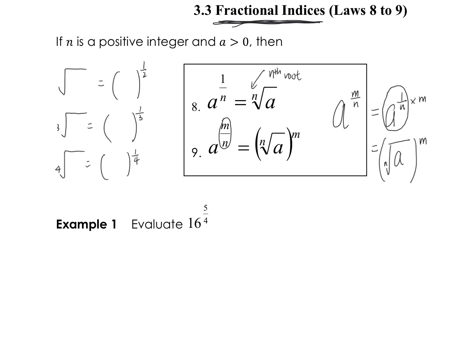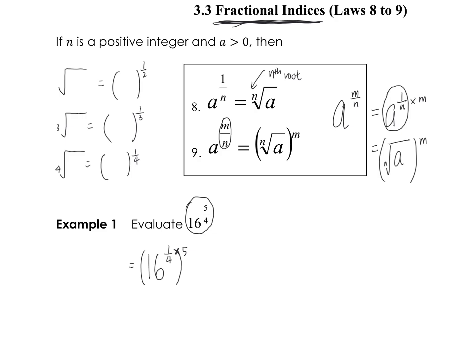Okay, so like this one, like 16 to the power of 5/4, we want to deal with the 4th root of 16 first. So we take out the 5, separate them out because we know it's multiply anyway, right? So I separate them out.